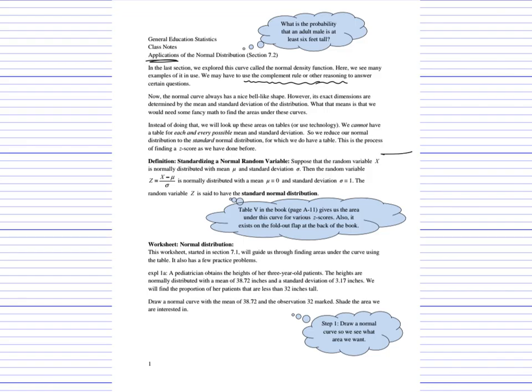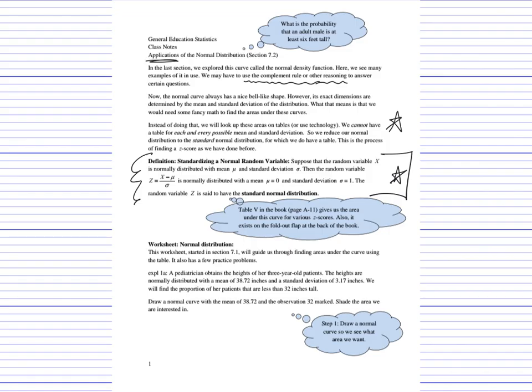So back in 7.1, particularly the worksheet normal distribution that we did within the notes, we saw this idea: the fact that we don't have a table for every possible standard deviation and mean combination. So we don't have a table for every possible normal distribution. So what we do is we standardize our normal distribution.